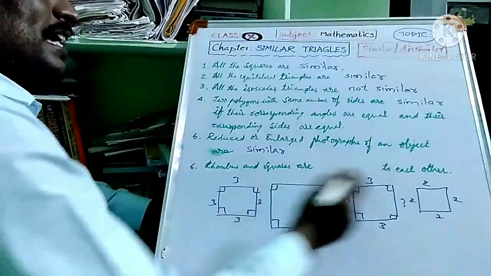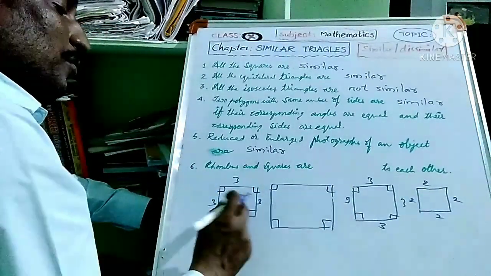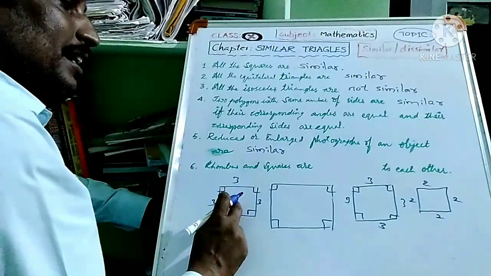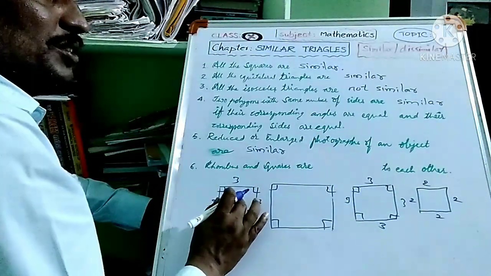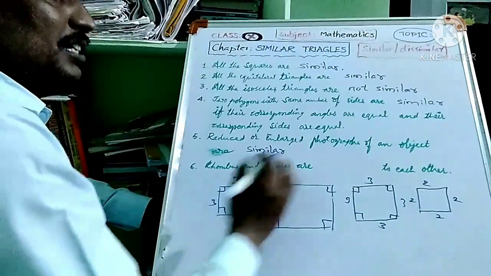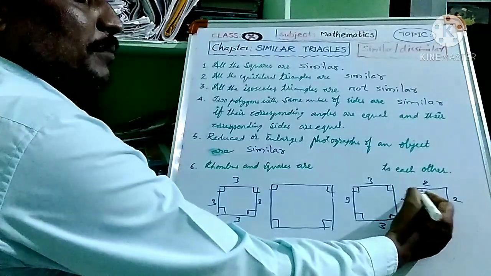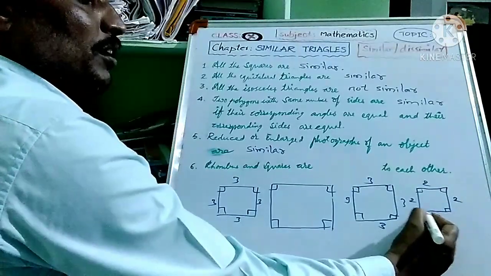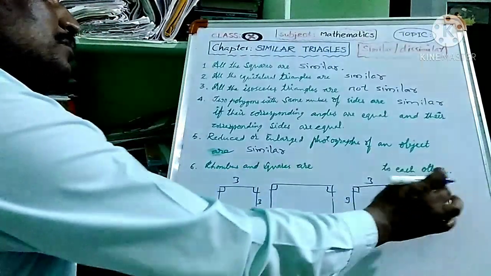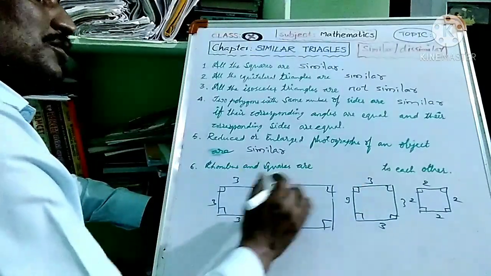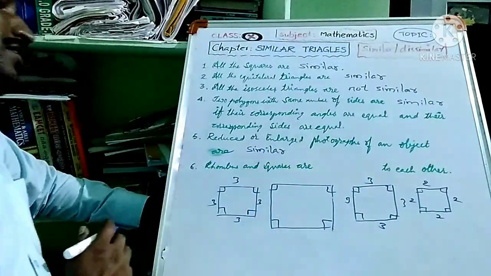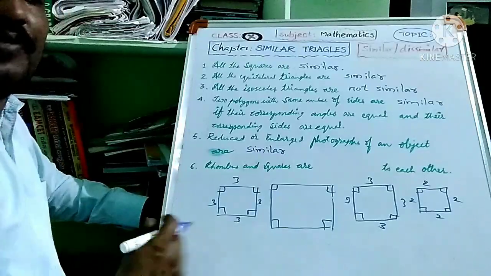If you observe, the actual object is 3, but here we are taking this as smaller than this much, but it is similar. Therefore, we say that this is known as a reduced figure. Reduced or enlarged photographs of an object are similar only.